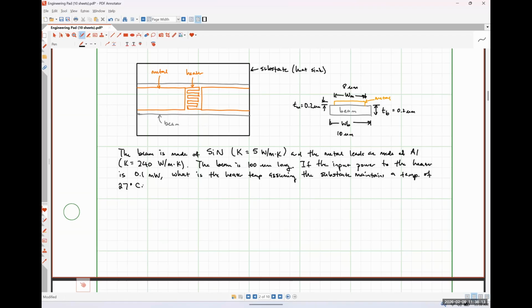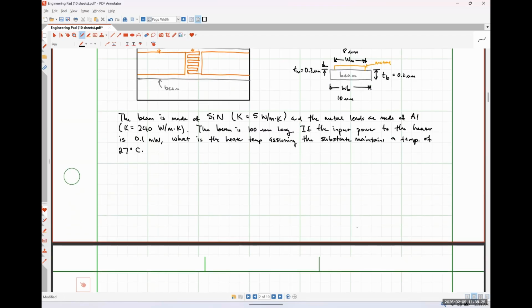So I'm going to attempt to draw a picture, almost a circuit representation of this thing, right? Up here at the top, I'm going to have the temperature of my heater.